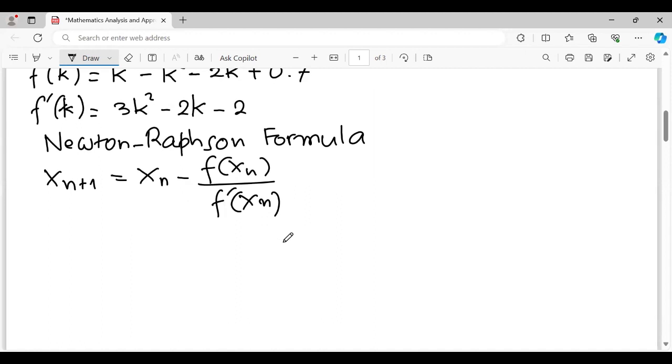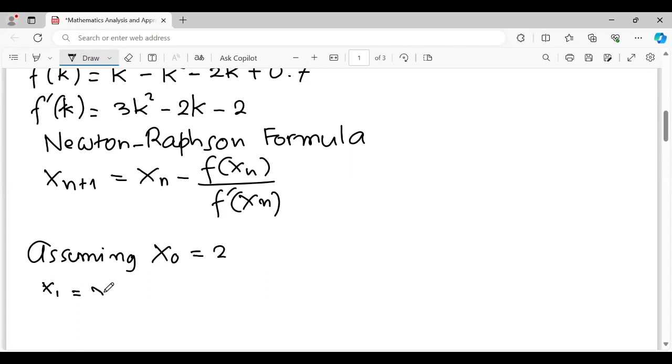Now, I will start with an assumption. Assuming that x0 equals 2. We start with x1 because if n equals 0, 0 plus 1 equals 1.